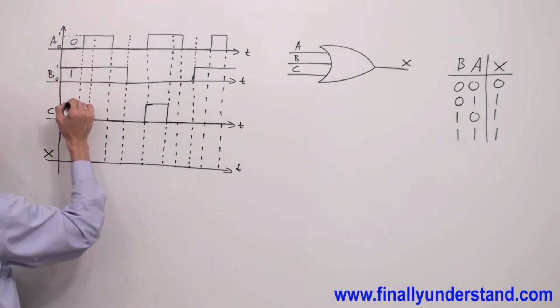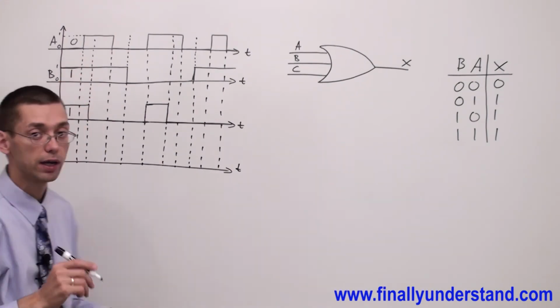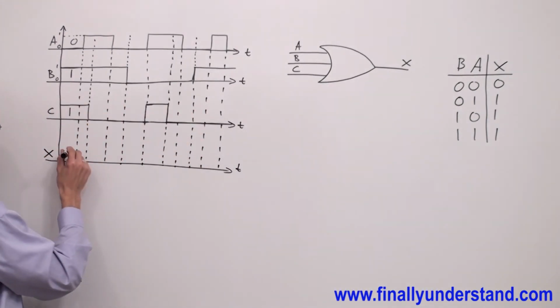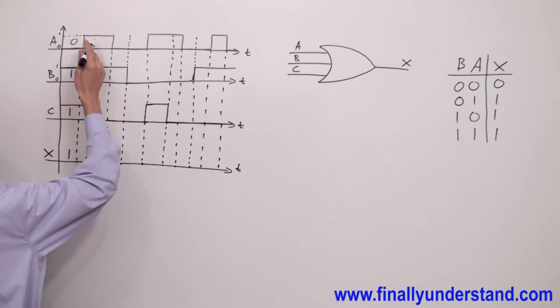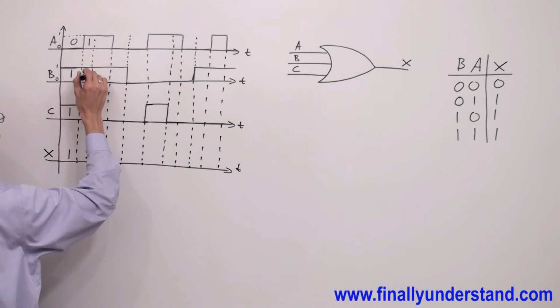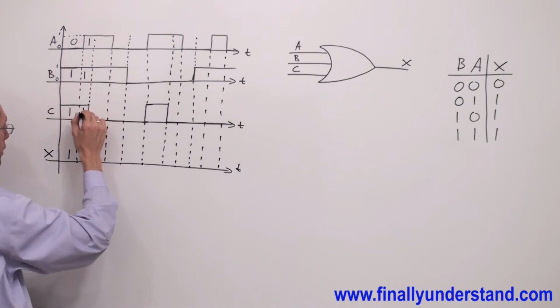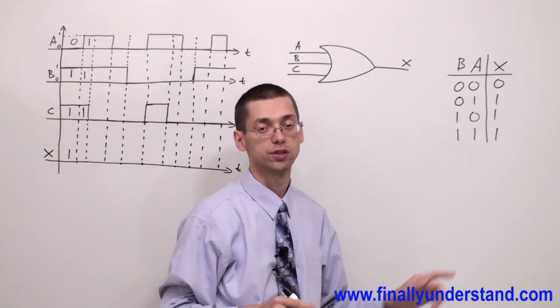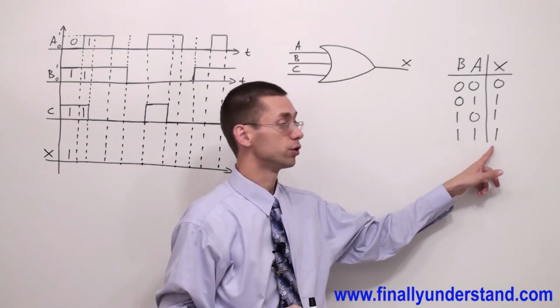0, 1, 1. We said that if at least one of the inputs is receiving 1, the output is going to be 1. Let's take a look at the next column. We have 1, 1, 1. The truth table says if all inputs are receiving 1s, the output is going to be 1.